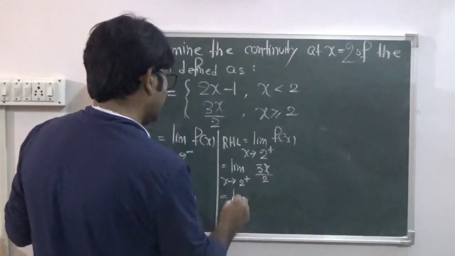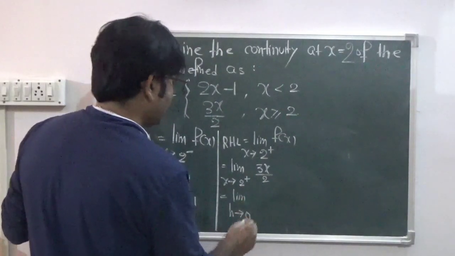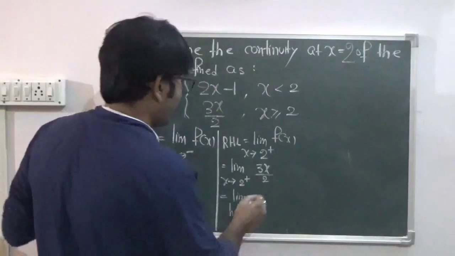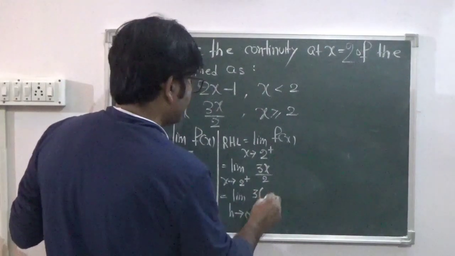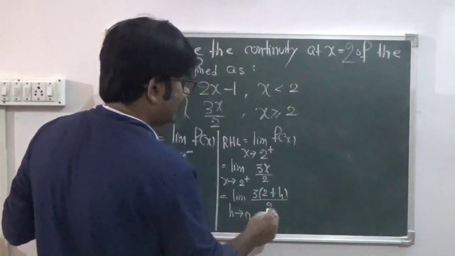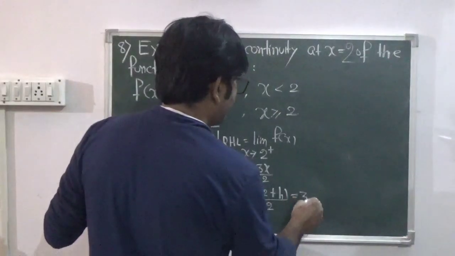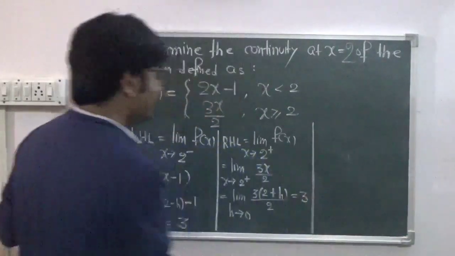So you can write limit h tends to 0 of 3 into (2 plus h) by 2. So it is coming to 3.